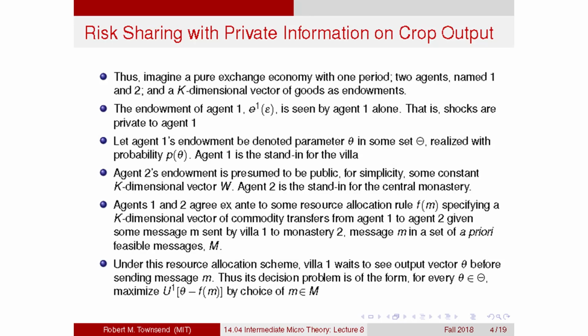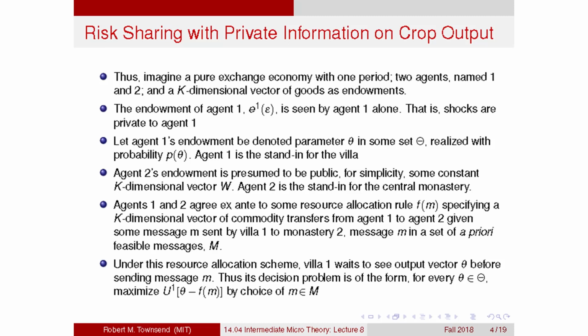So we introduced a simple two-agent model where only one of the two, agent one, had some privately observed endowment. Agent two was the village or the monastery, and we wanted to know what would be an optimal resource allocation mechanism granted that agent one has private information.